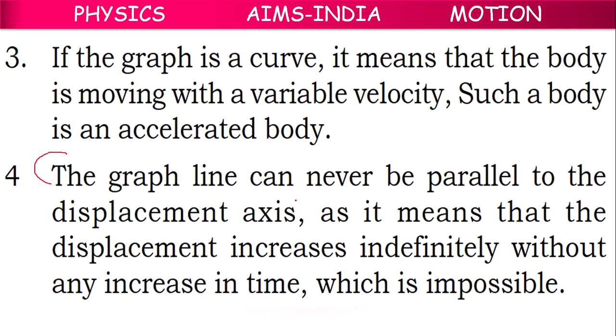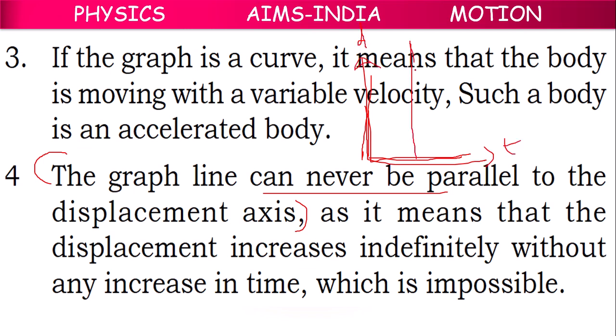This point is not related to the 3 different graphs, children. What they are telling is that it can never be parallel. If we assume this is time and this is displacement, and the graph is parallel to displacement, what does it mean?